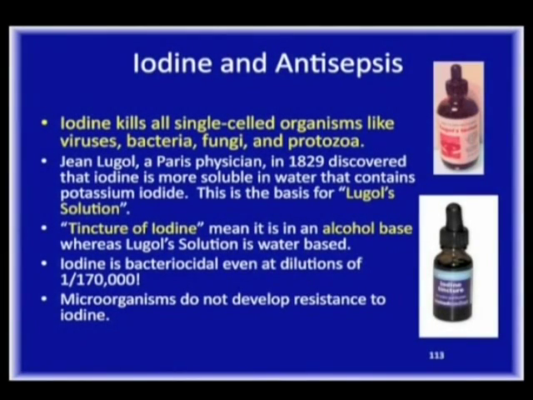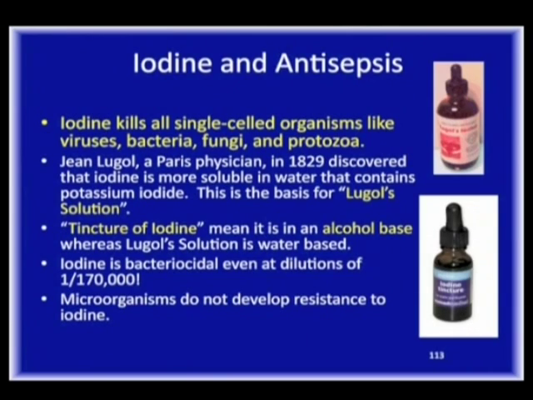It is important to note that iodine kills all single-celled organisms like viruses, bacteria, fungi, and protozoa. Iodine comes in two general forms, water-based and alcohol-based. Jean Le Gall, a Paris physician in 1829, discovered that iodine is more soluble in water that contains potassium iodide.